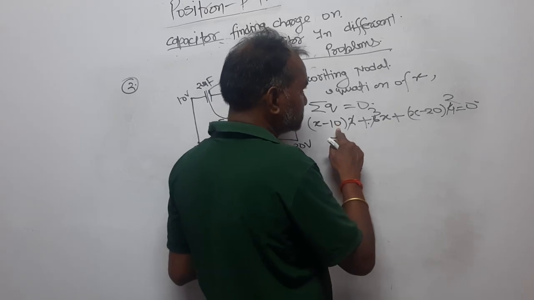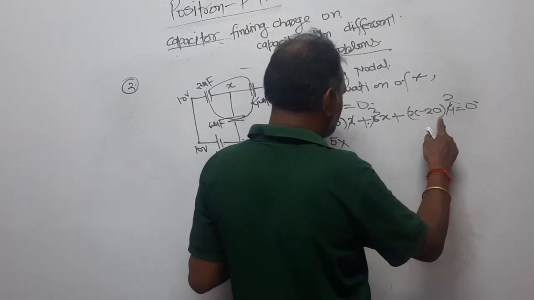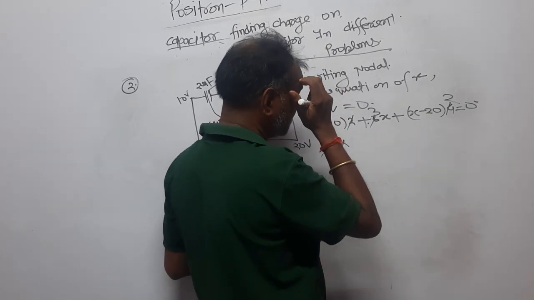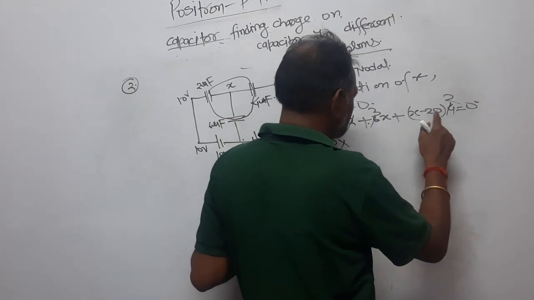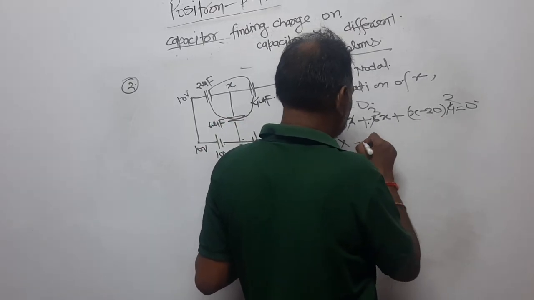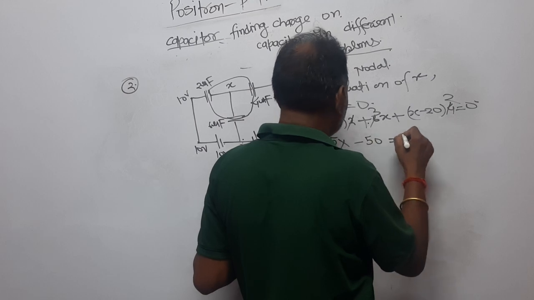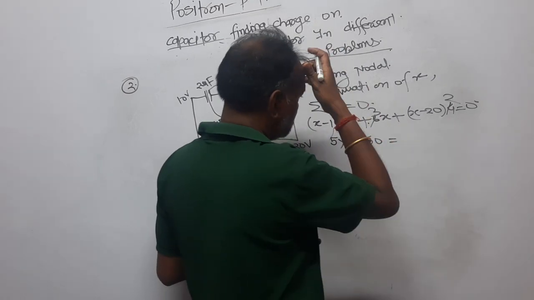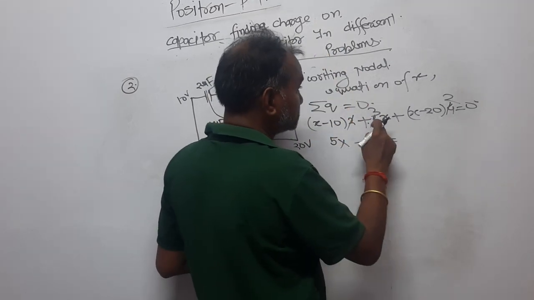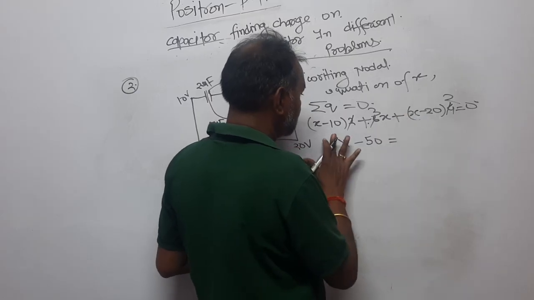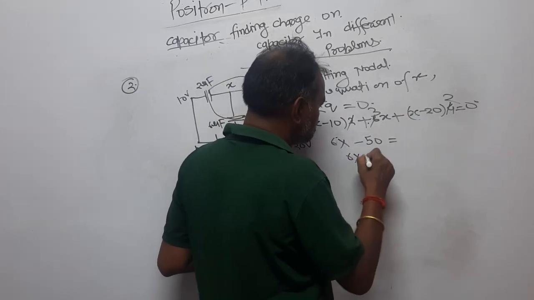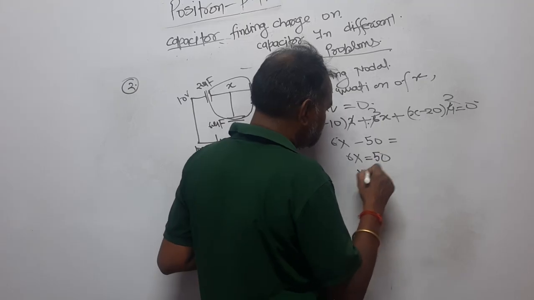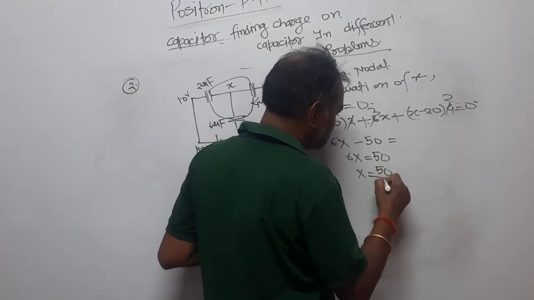Now it is minus 10 and this is minus 40, which ultimately becomes minus 50. Sorry, it is x, 3x, 2x, this is 6x. So 6x equals 50, or x equals 50 by 6.